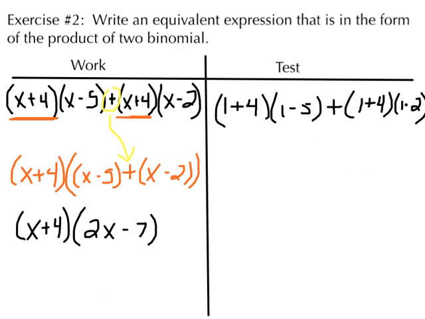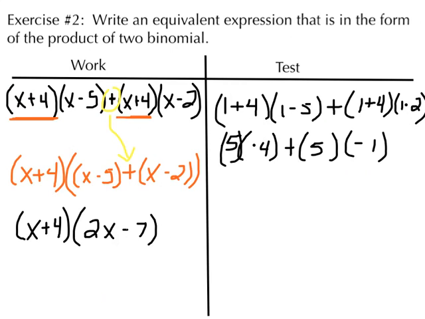Alright, so 1 plus 4 is 5, times 1 minus 5, which is negative 4, plus 5 times 1 minus 2, which is negative 1. 5 times negative 4 is negative 20, plus negative 5, which gives me a negative 25.